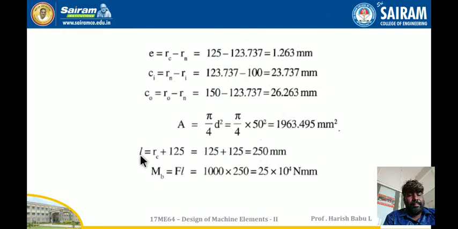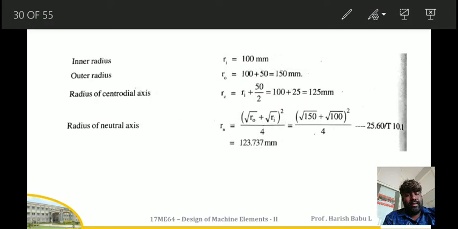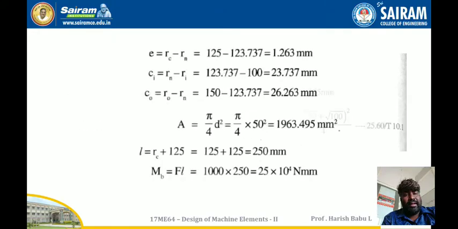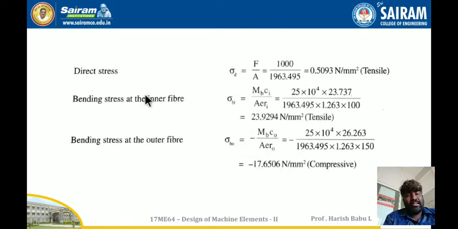And for the length, that is the L value, the distance between the centroidal axis to the force, from here it will be Rc plus 125, so that value I am going to consider for L. So once L value is known, I go for bending stress, that is Mb is equal to F into L, so I am going to get Mb is equal to 25 into 10 to the power of 4 Newton mm. So direct stress I will go for, so direct stress sigma d is equal to F by A, so force is given, area is known, I am going to get a value as 0.5093.